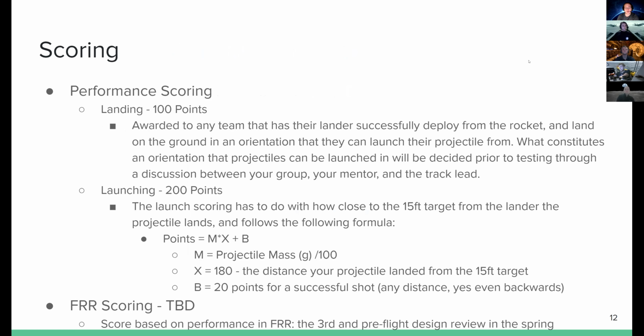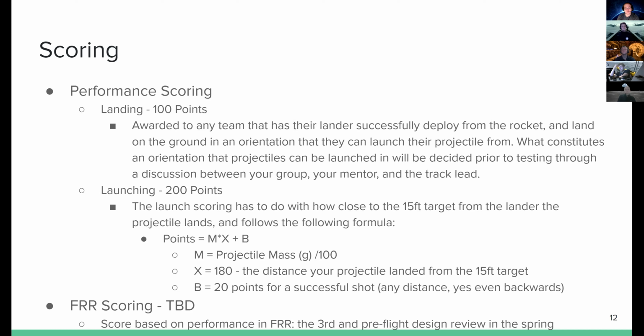The first 100 points are for landing, and you get them if you successfully deploy from the rocket and land on the ground in an orientation that your design is designed to shoot the projectile from. So if you land and you don't break and you're not upside down, then you're good. You get 100 points. That might sound simple. It's not that simple. It's not insanely hard, but don't underestimate it.